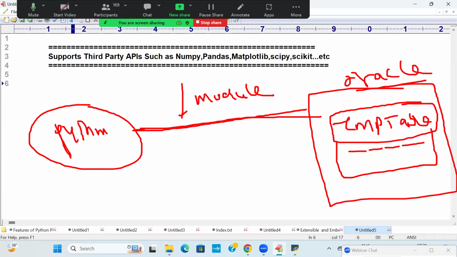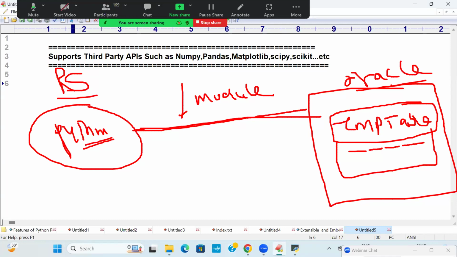Oracle database is completely different, and Python is a completely different product. If Python people want to communicate with Oracle, Guido van Rossum did not provide any module for Python programmers to communicate with the Oracle database.